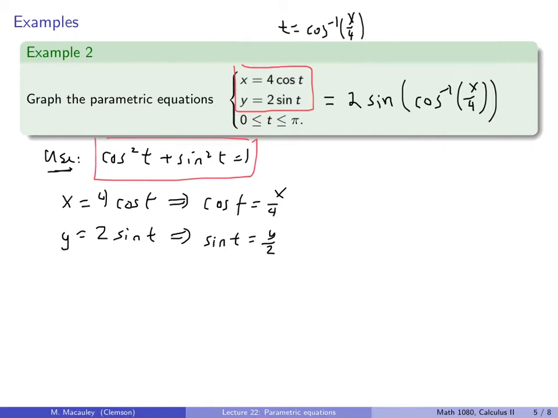So how do I want to write this? Cosine squared of t plus sine squared of t equals x over 4 squared plus y over 2 squared equals 1. And let me circle that in blue.